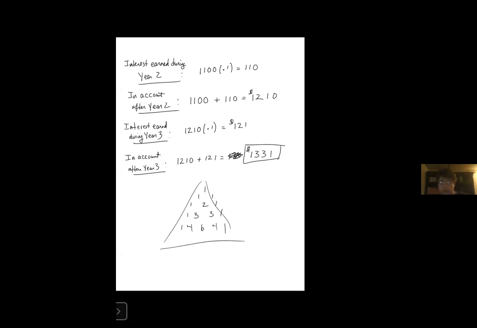That is not a coincidence. That example was set up to give numbers like that. So you can imagine for the next year, it would probably be 1464 and 10 cents. I believe it should be. You can check that.